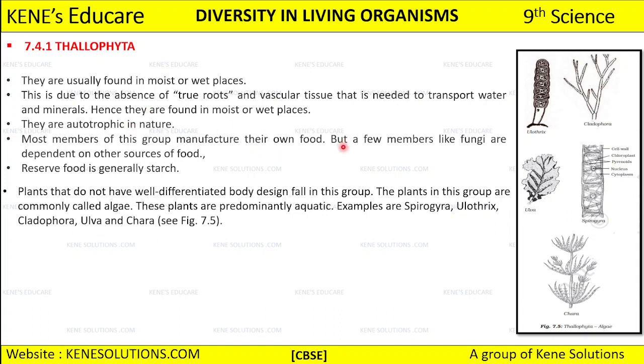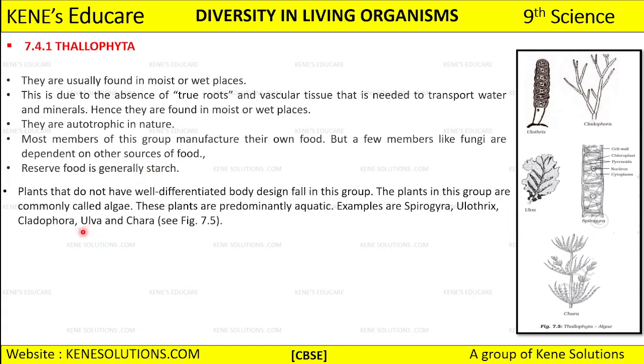But we have a few members like fungi. Now we have studied the characteristics of kingdom fungi, that they are dependent on decaying matter and dead organisms, right? So the few fungi which are members of this thallophyta are dependent on other food sources. Now how do members of thallophyta reserve their food? Reserving means how are they storing their food? So the food reserve is generally starch.